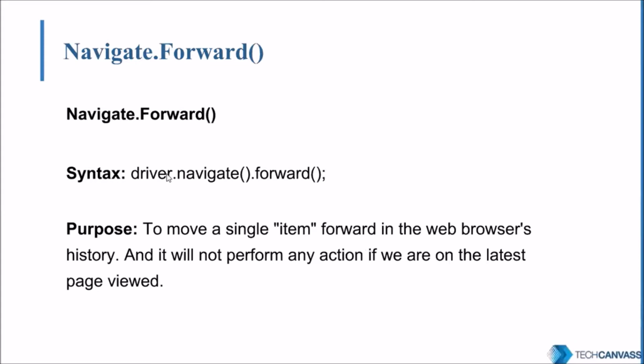Generally, in an automation script or a test application, very rarely do we make use of forward and backward operations, because when we are testing a particular web application, we have to maintain state and conditions. When we click on backward or forward, we do not get fresh data.